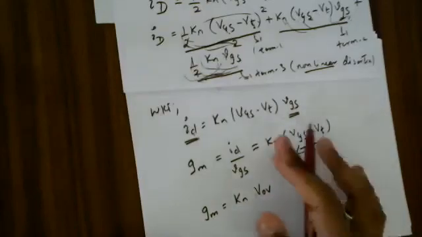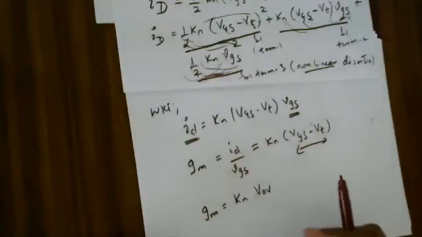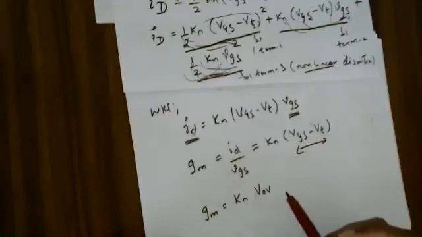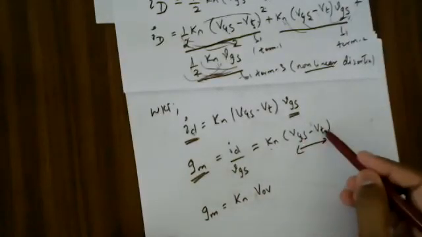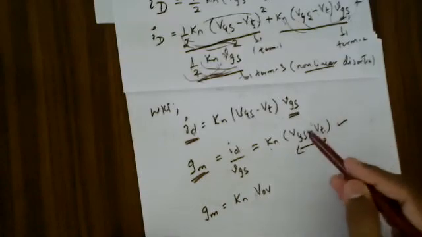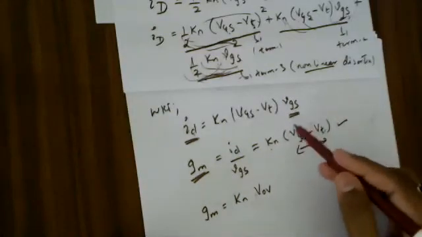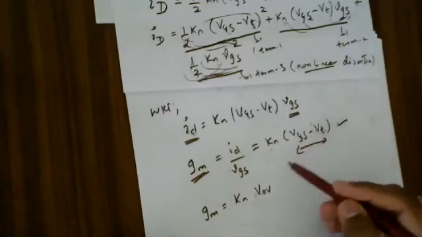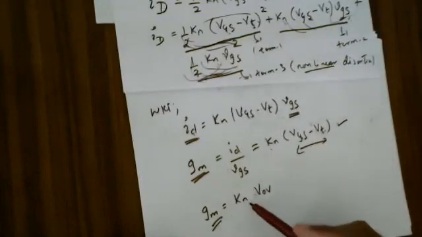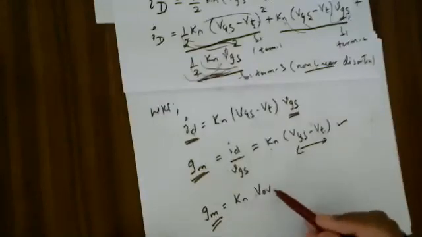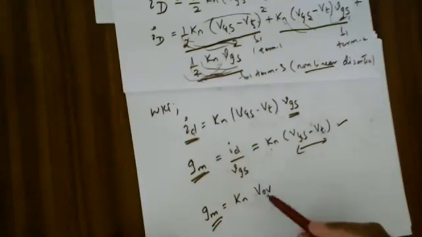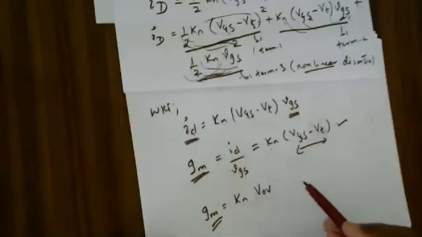Okay, so these two equations you will have to remember when you're solving numericals, they will help you out. So gm can be defined as Kn into VGS minus VT, where I know my gate to source voltage and my threshold voltage. And over here, my gm is Kn into VOV, where VOV is the overdrive voltage. Okay, is it clear to you?